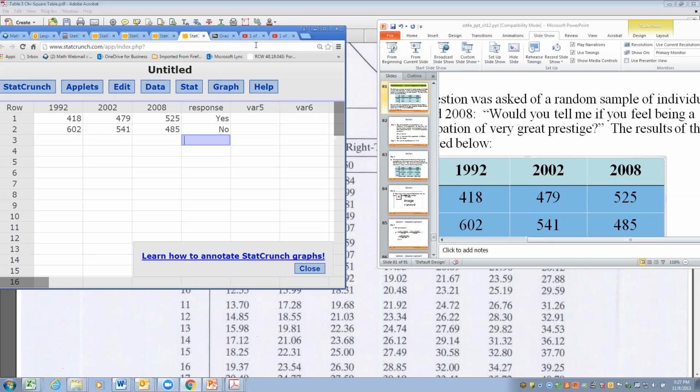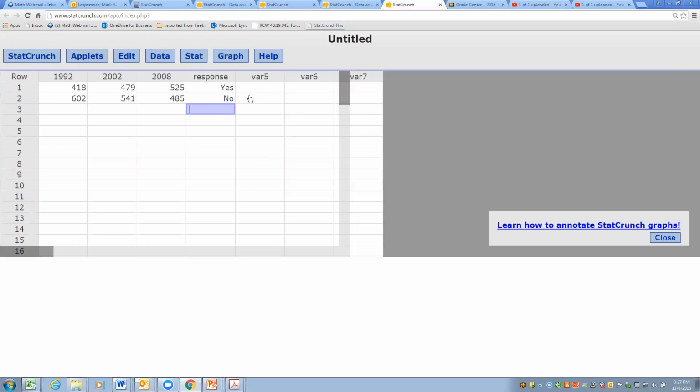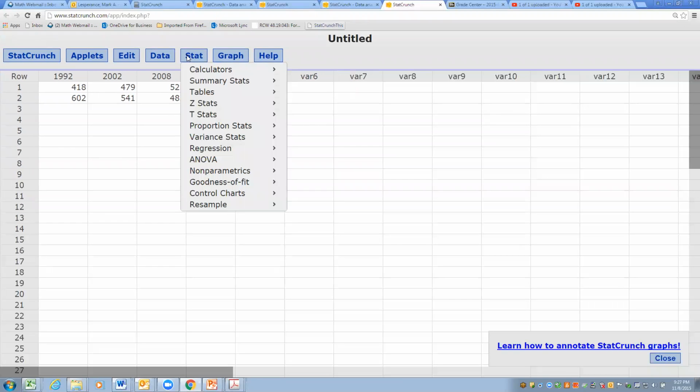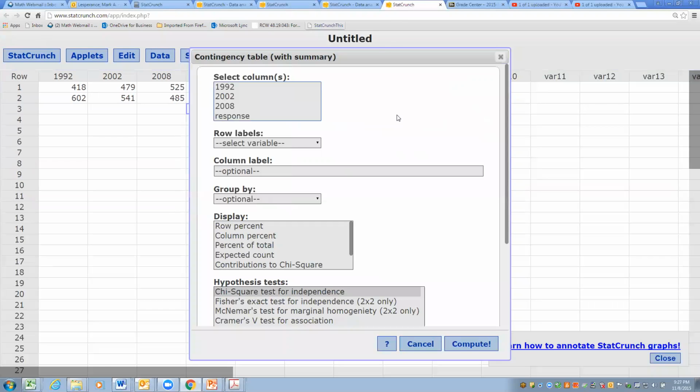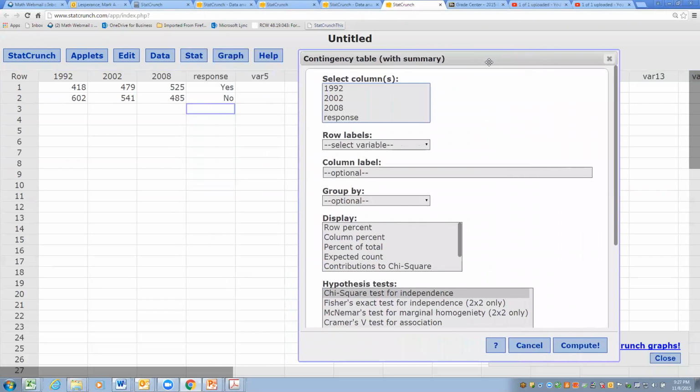I'm going to go now to stat, tables, contingency. So stat tables contingency with summary. My row labels are in the response column.